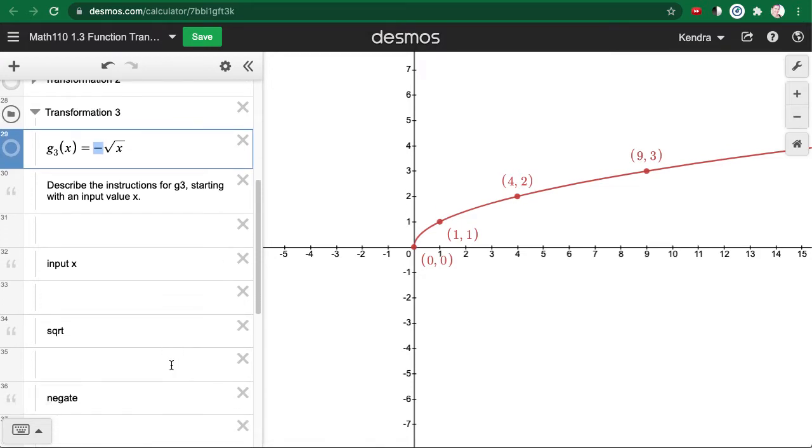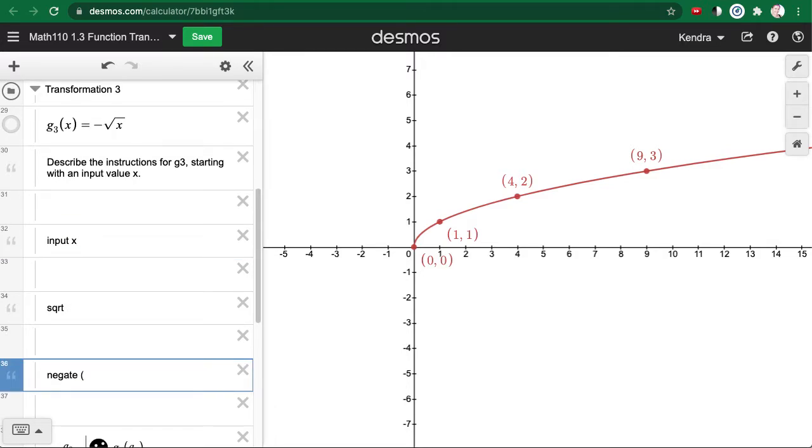So we input x, we square root that x, and then we negate, or you could also say multiply by -1.